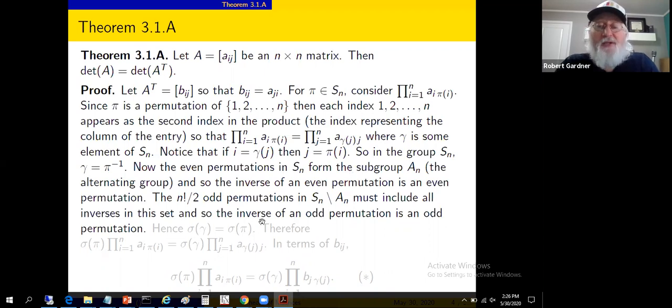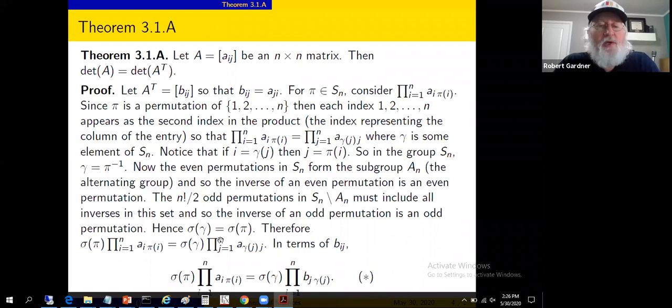The remaining permutations in S sub n, n factorial over 2 of them, the odd permutations, all have inverses. They aren't even, since we've used the even permutations to get inverses of other even permutations. So the inverse of an odd permutation must also be odd. The inverse of an even permutation is even, and the inverse of an odd permutation is odd. This is an elementary fact from senior level algebra.